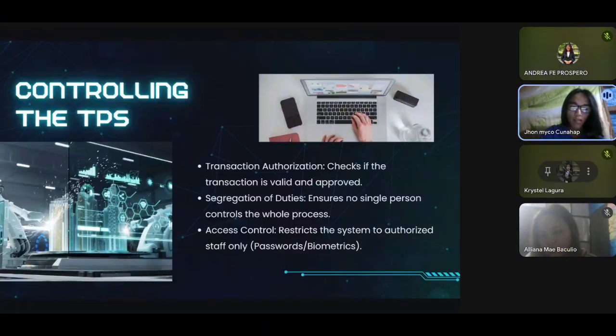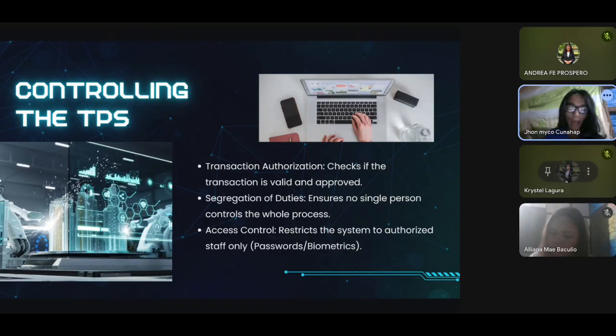So we have here the TPS, the controlling the TPS, no. The TPS is where all the transactions happen. To keep it safe, we need 3 locks. We have here the transaction authorization, segregation, and then access controls, which are not new terms. No, dili na siya new terms at all.